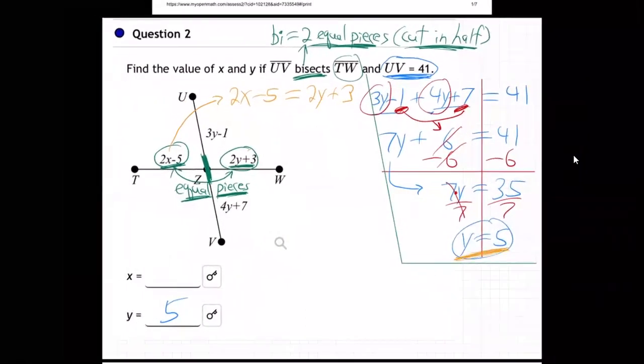Well, we know y is 5. So we can take our y is 5 and plug it in right there. So then we get 2x minus 5 equals 2 times 5 plus 3.